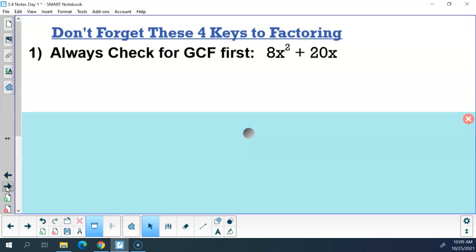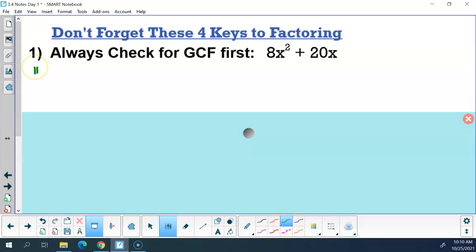Okay? All right? And so the first thing that you should do is you should GCF. You should look for the greatest common factor. Okay? The biggest term that evenly goes into all of the terms in your polynomial or your polynomial equation. So there are 2 parts to this.